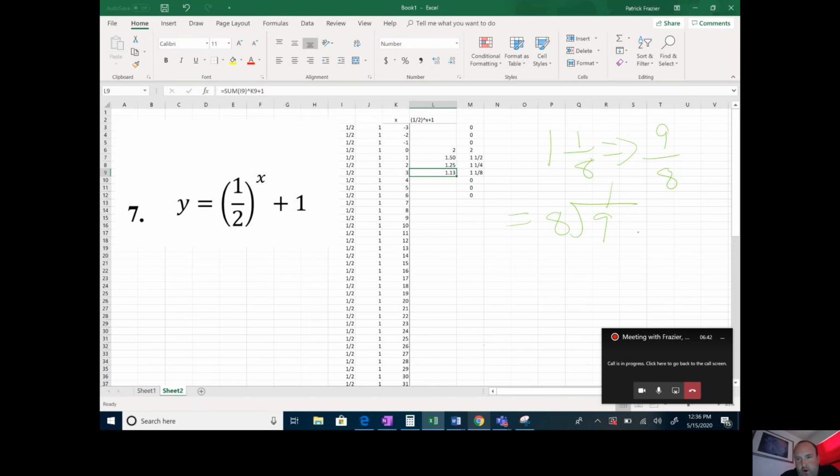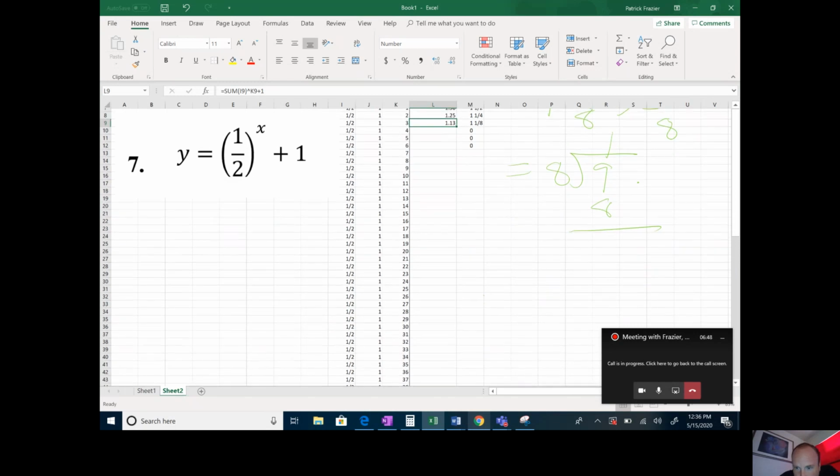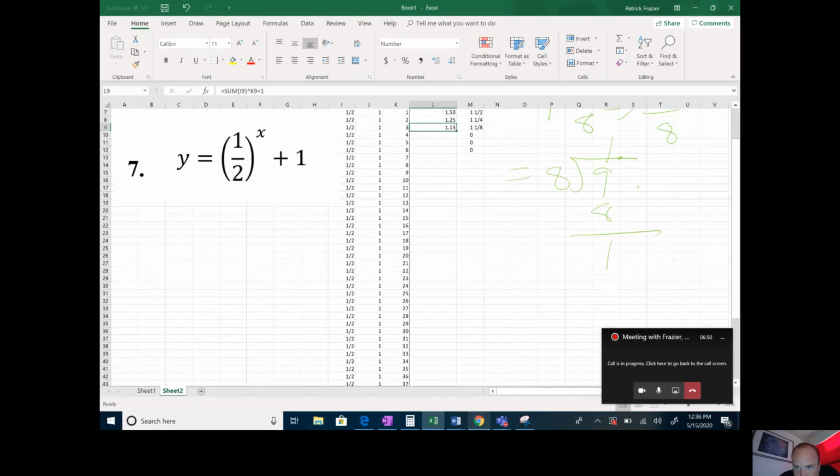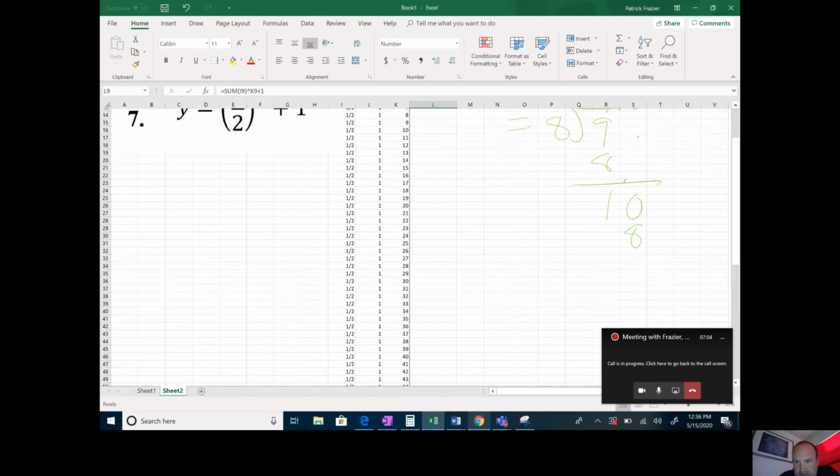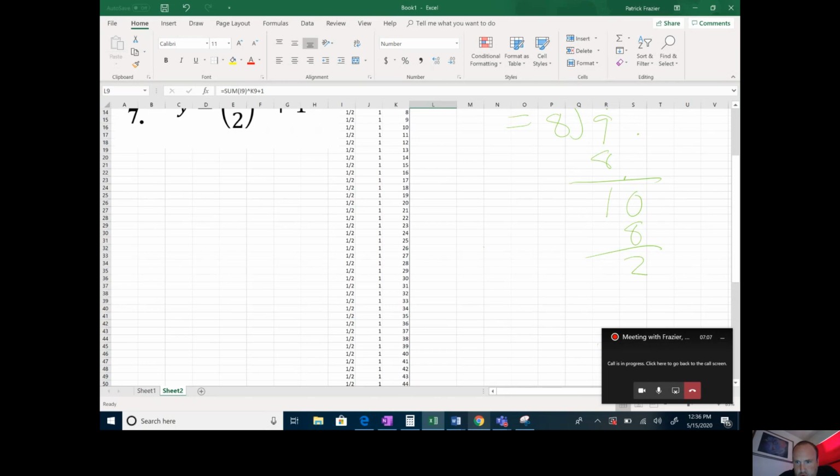Well, 8 goes into 9 once, right? 8 times 1 is 8. 9 minus 8 is 1. And carry down the 0. 8 still just goes into 10 one time. 8 times 1 is 8. 10 minus 8 is 2.